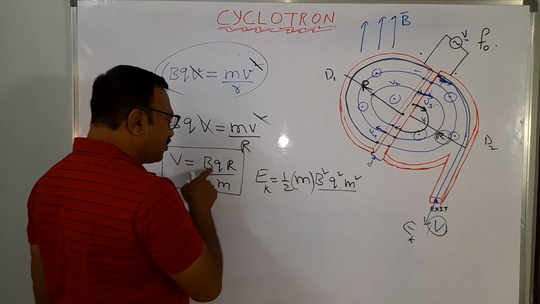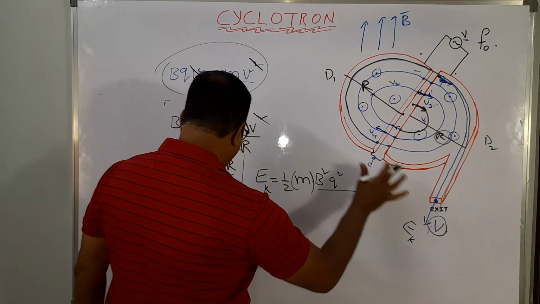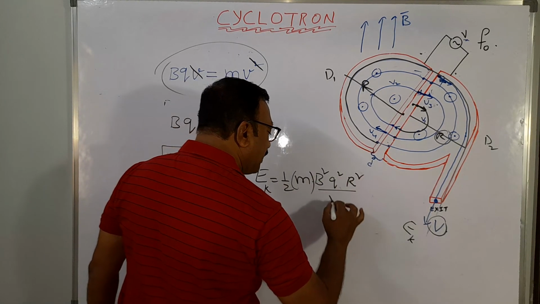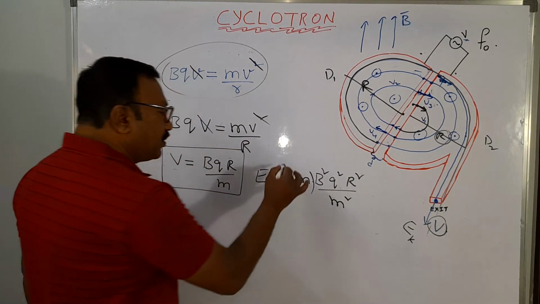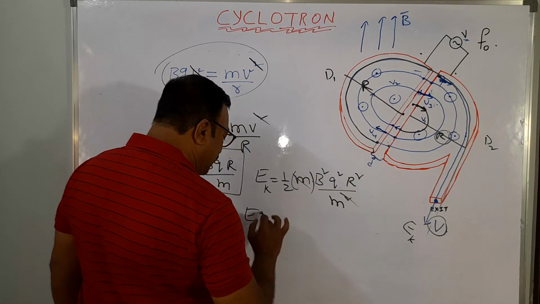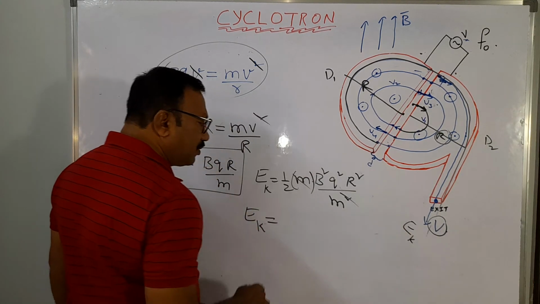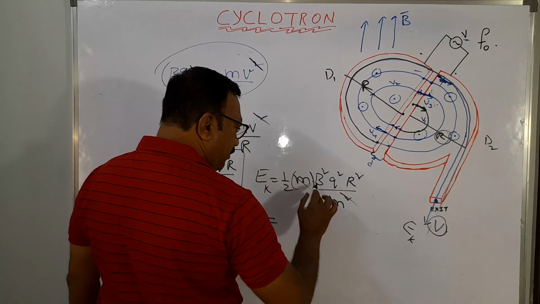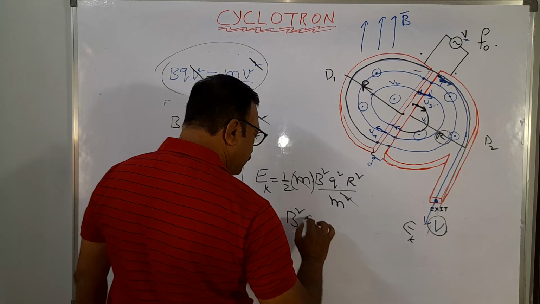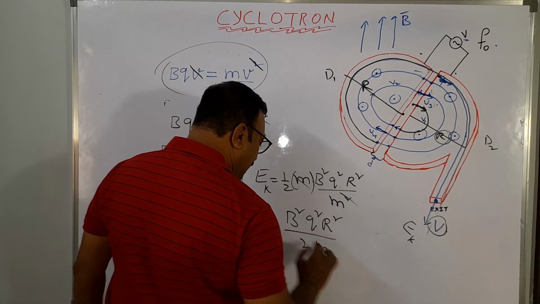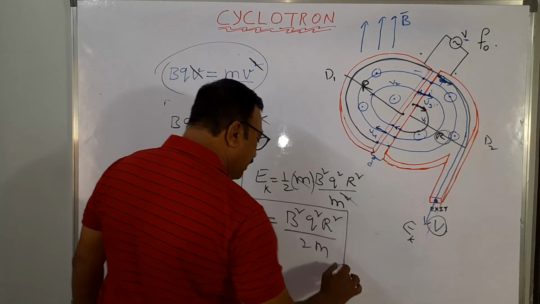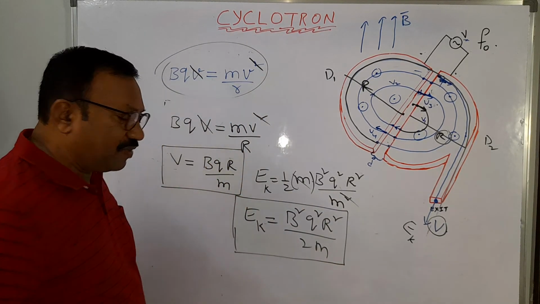V square means B square Q square R square divided by M square. So finally, the kinetic energy of the particle with which it is coming out is equal to B square Q square R square divided by 2M. This will be the final kinetic energy of the particle.